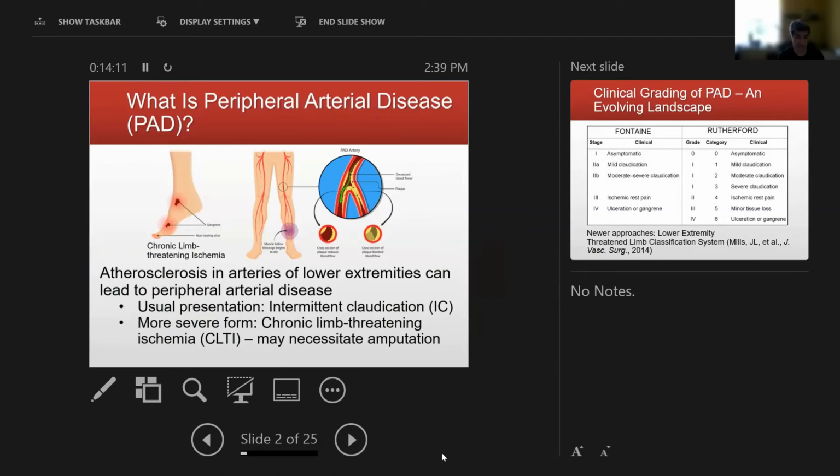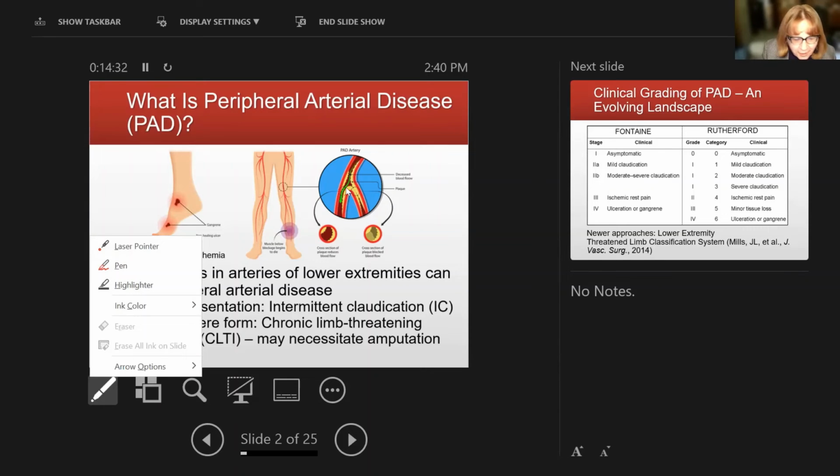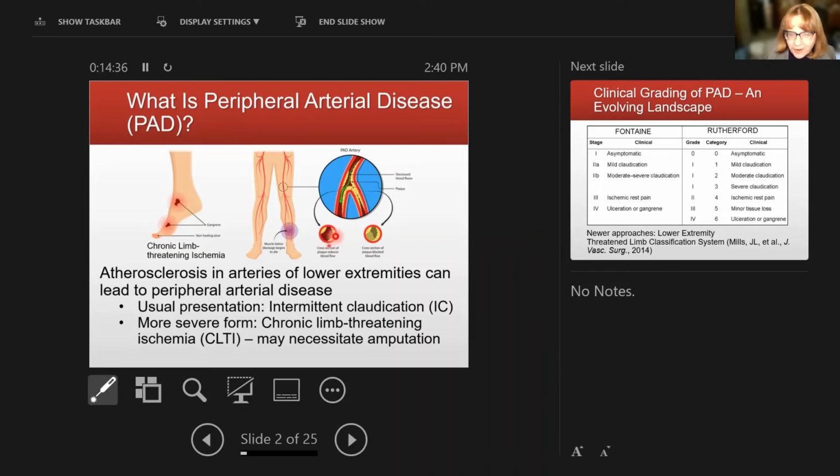Yes. Okay, great. So just to introduce the problem of peripheral arterial disease, this results from atherosclerosis in the arteries of the lower extremities. And the problem is really that when you have an atherosclerotic lesion, it can partially block off these large arteries, resulting in ischemia in the downstream tissue or insufficient oxygen supply.